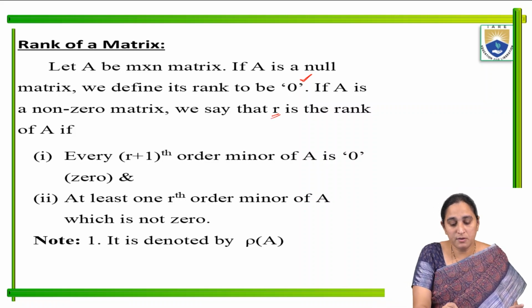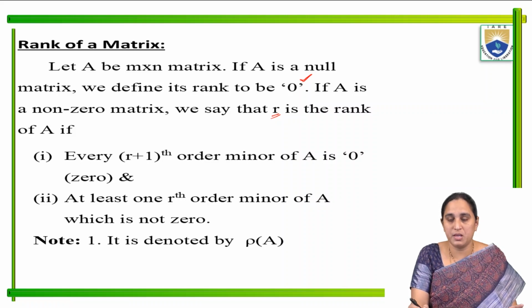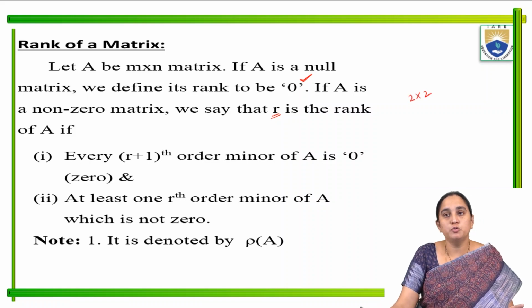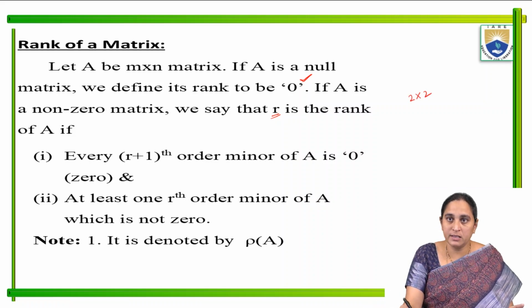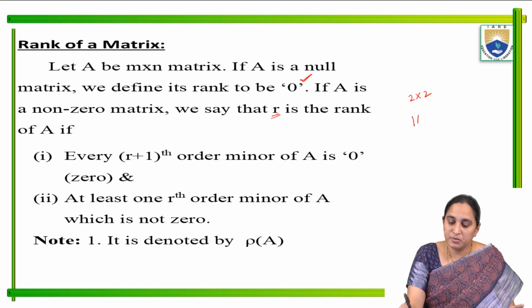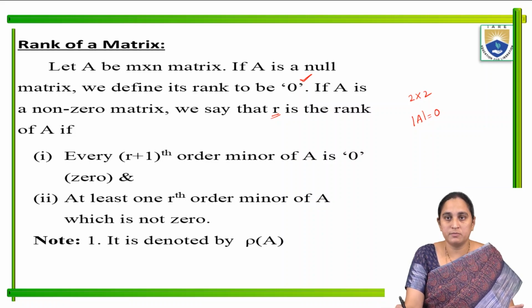For example, every r plus 1th order minor of A is 0. That means for a 2 by 2 matrix, first find the determinant value. If det A is equal to 0, that order is not the rank of the matrix.